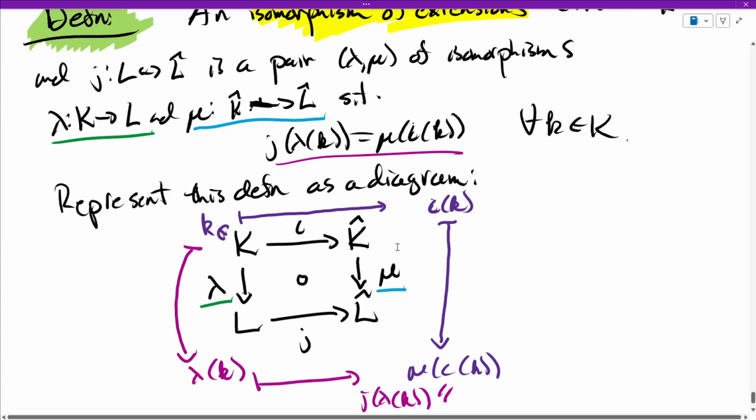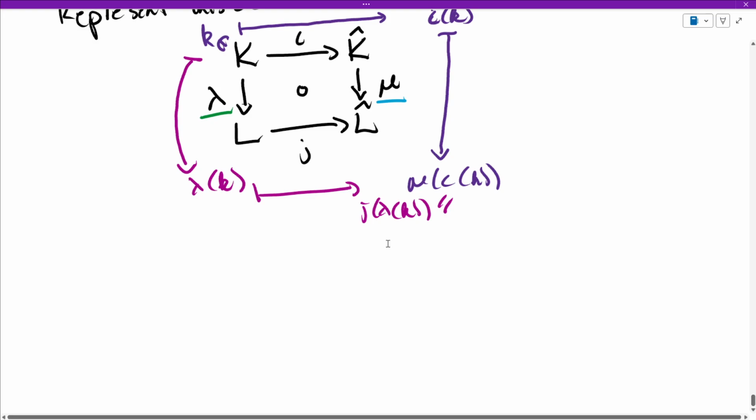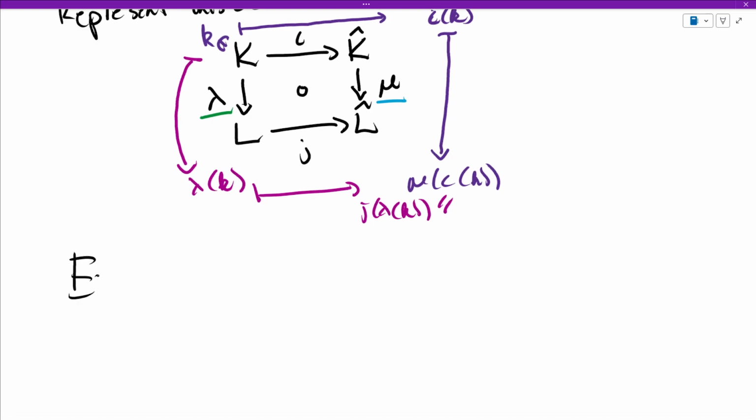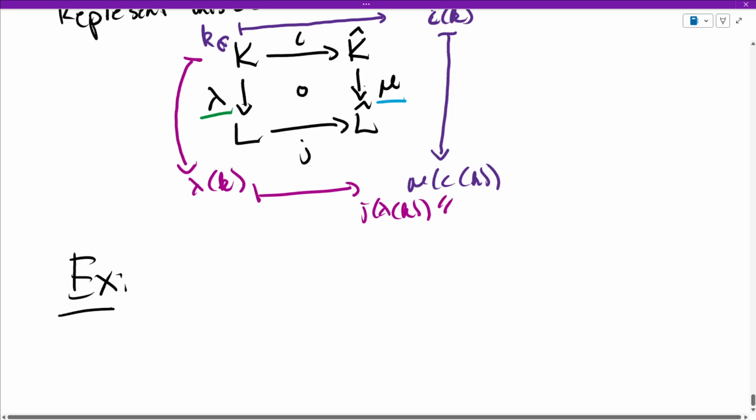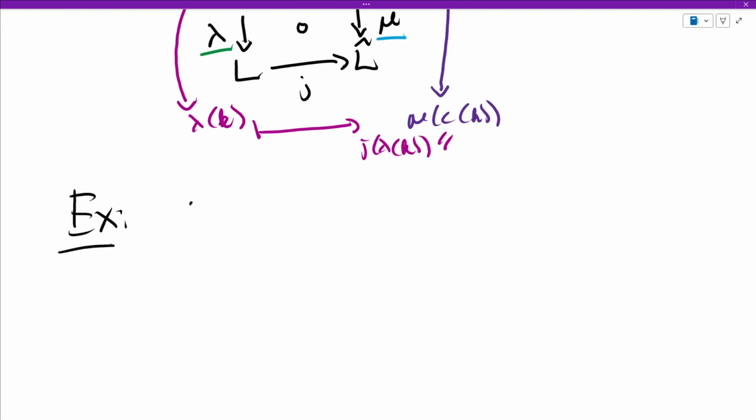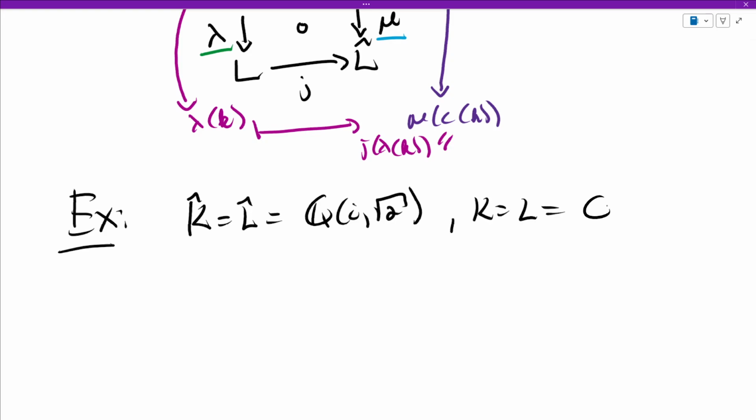Okay. Let me give you an explicit example, because even the diagram is frustrating without an example. So we saw this field Q adjoin i root 2. We've seen it the whole chapter. Let's stay with that as our example. And let's let K and L both be Q adjoin i. So we have Q adjoin i here.